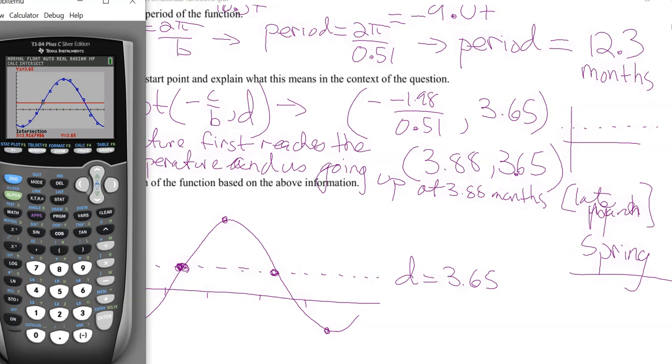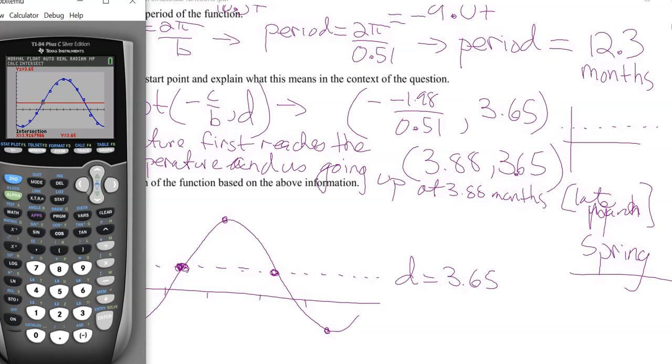So generally, if you want answers out of the calculator, use the regression equation that the calculator gave you, because it'll have all 8, 10, 12, whatever decimal places. If we're using a rounded value, as we were asked to here, then our values are going to be off by a little bit. So we had 3.88, and this has 3.92.